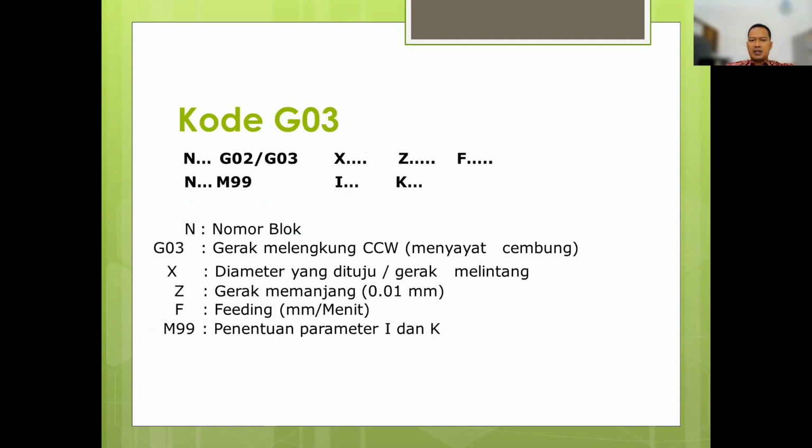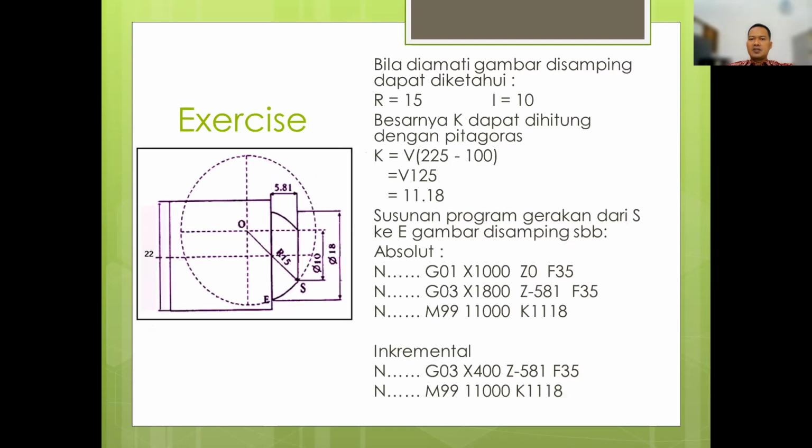Okay, the G03 is the same as G02. So you can see the explanation before. And then this is the explanation or exercise for G03. I think this is the same.